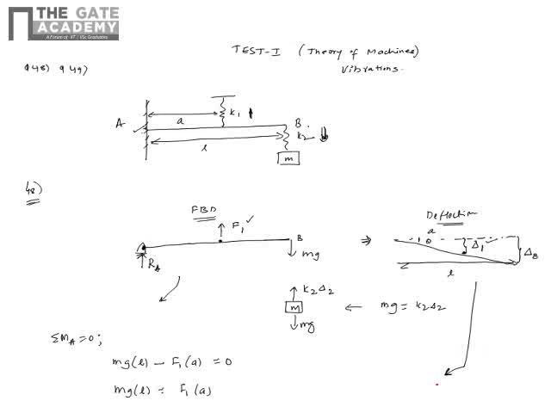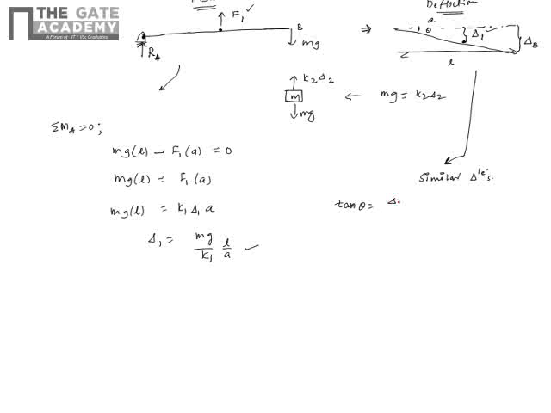From the geometry, tan theta: if I consider only this triangle, because this is straight, tan theta is delta 1 by A, and I can consider this big triangle where it is deflection of B by total length L. Now I want deflection of B, delta B, which is delta 1 into L by A.